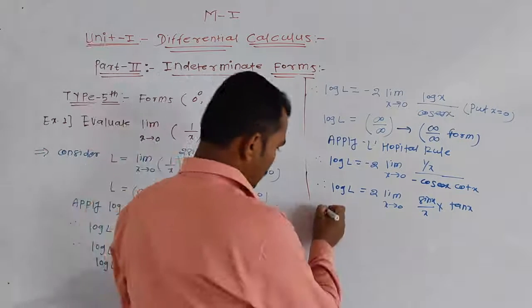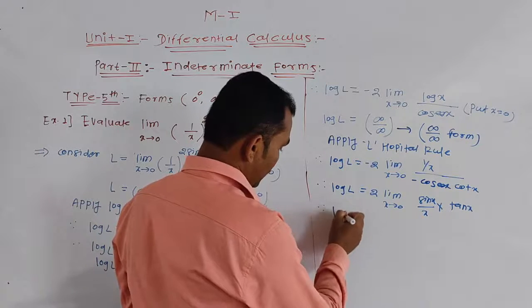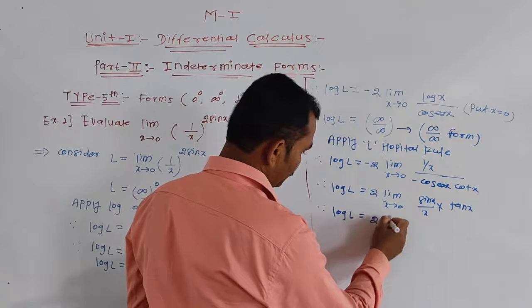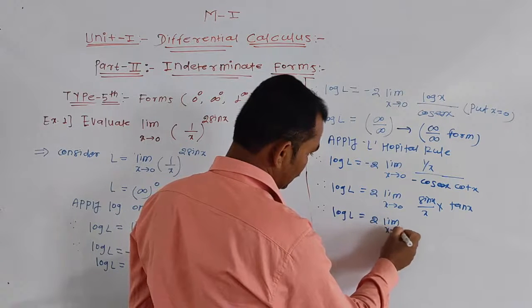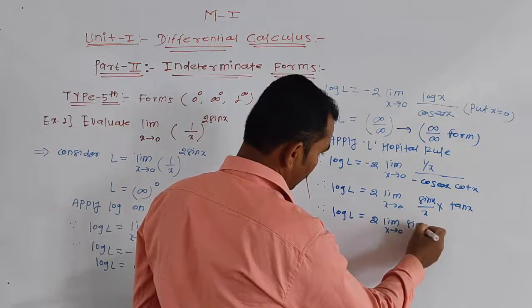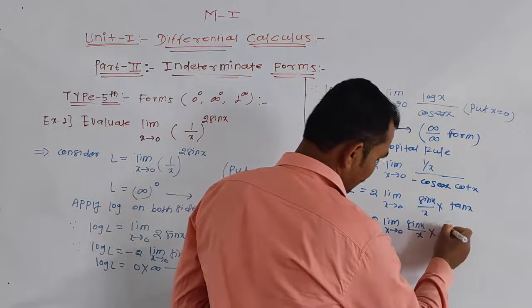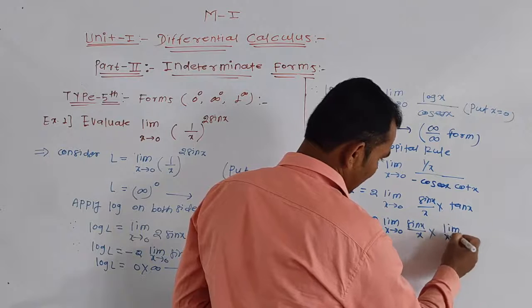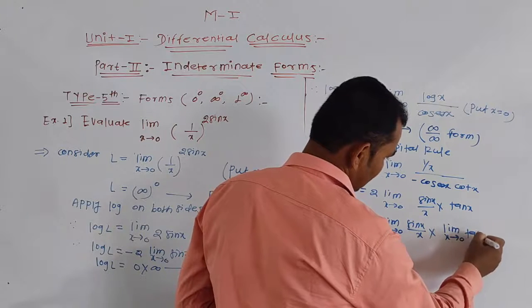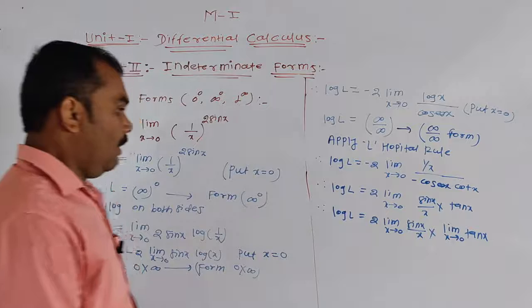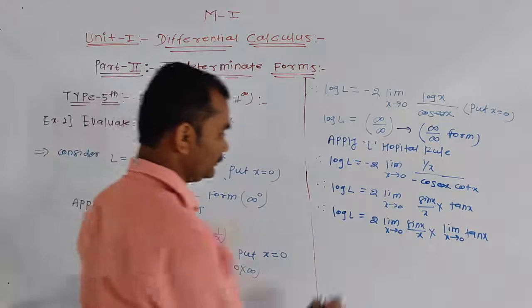Now apply the limit and solve. We get log of L is equal to 2 limit x tends to 0 sin x upon x into, separate the limit with respect to multiplication, limit x tends to 0 tan of x. Correct. Now solve this.